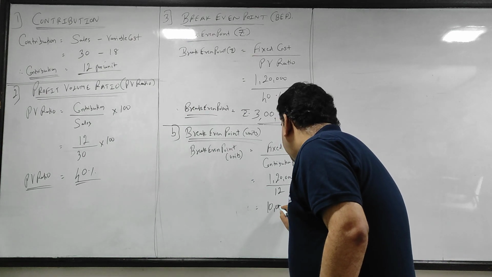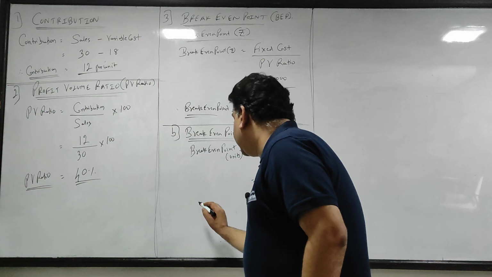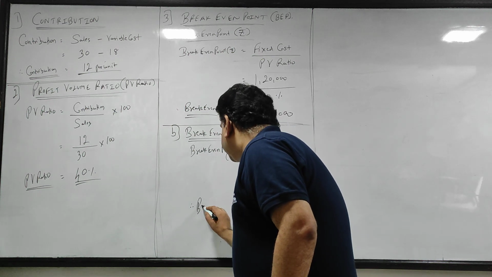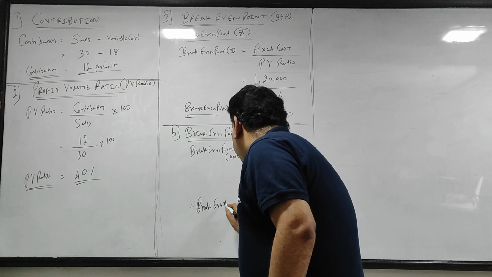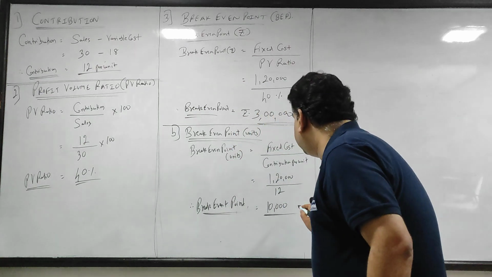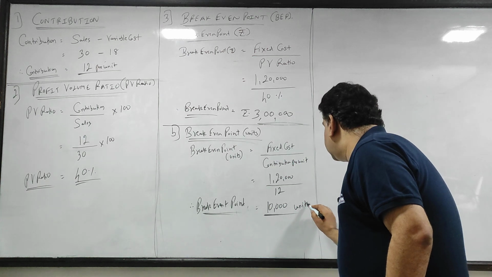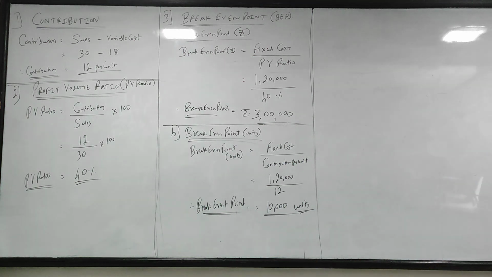So 1,20,000 divided by 12 gives you 10,000. Therefore, my break even point is 10,000 units.